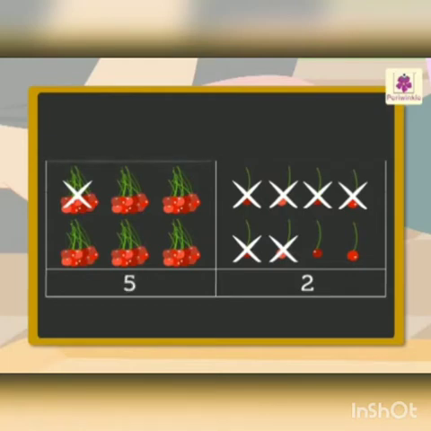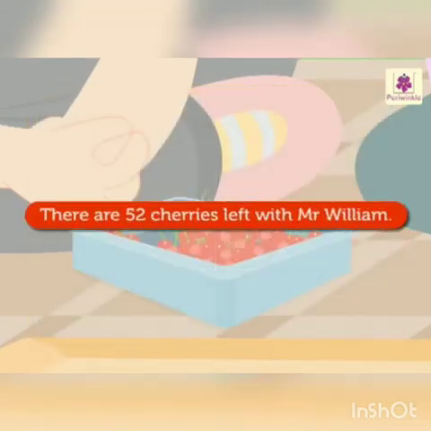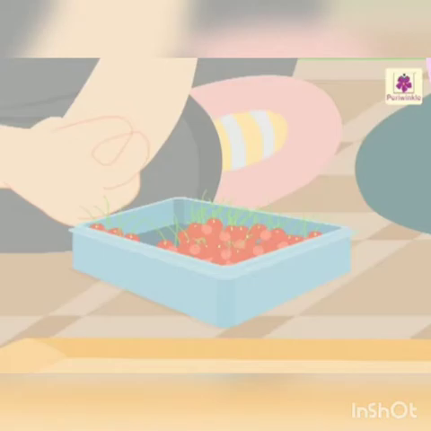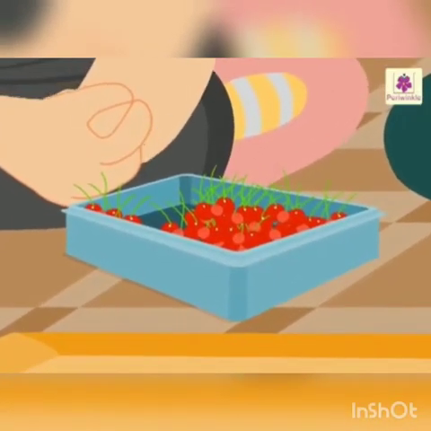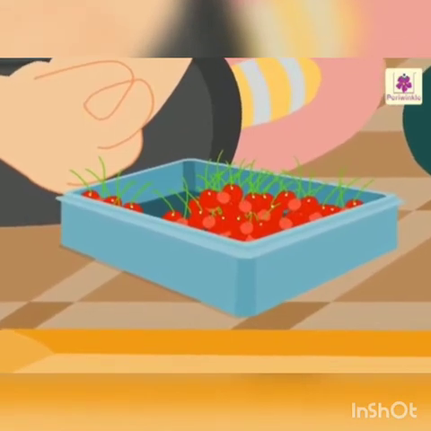So we get the answer as 5 tens and 2 ones, which is 52. Hence, there are 52 cherries left with Mr. William.